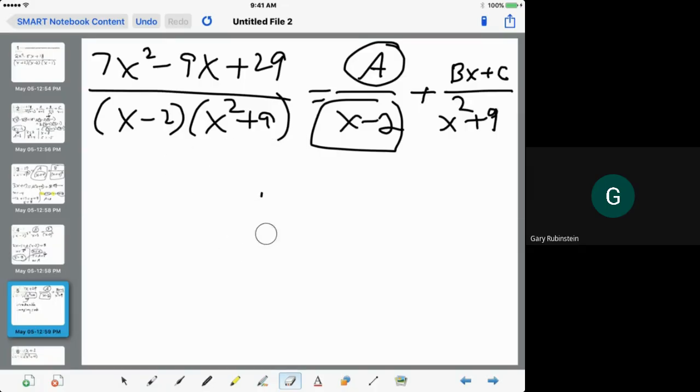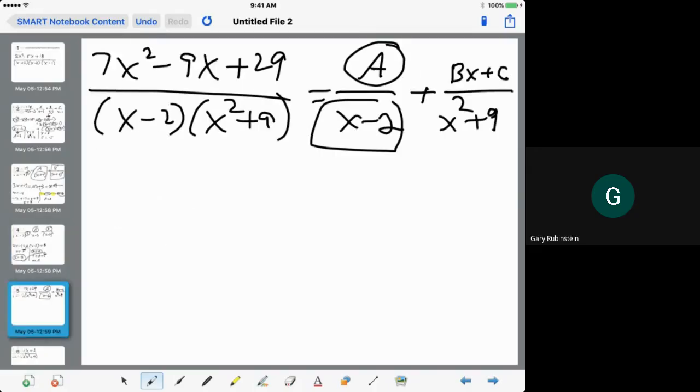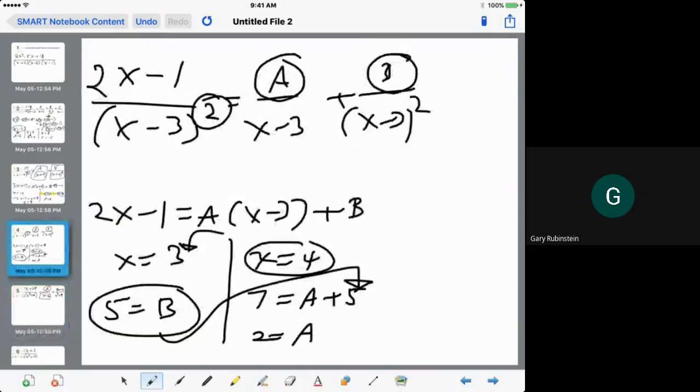Now I'm going to give you a quick warning. A lot of people, after they learn this method, find this method to be real easy when there's a square here. And then they learn this method. And then when they come back to this one, they are tempted to put a bx plus c here, but it's not. In this case, it's not a bx plus c.